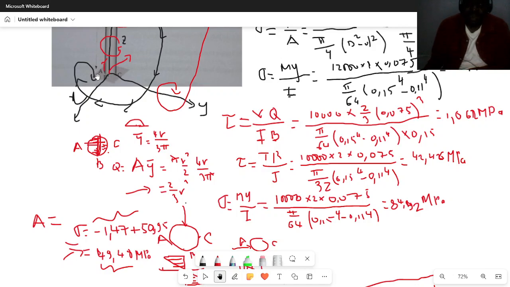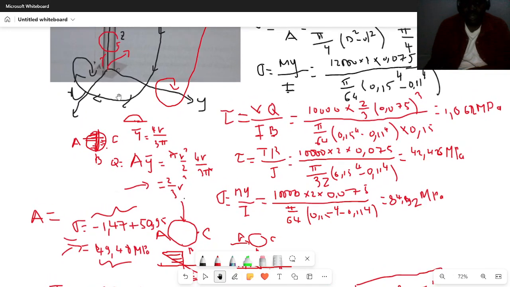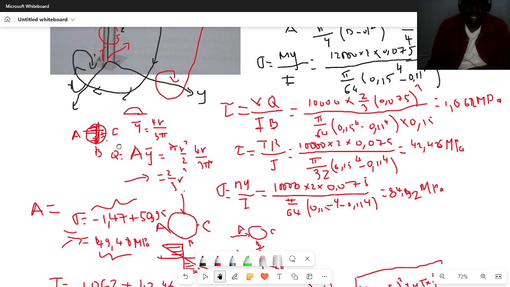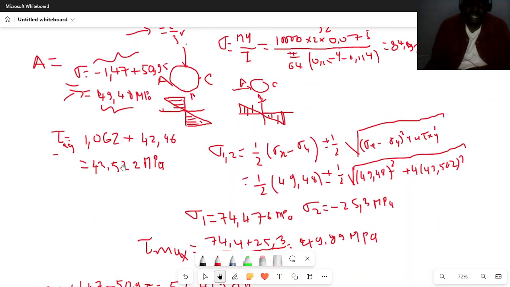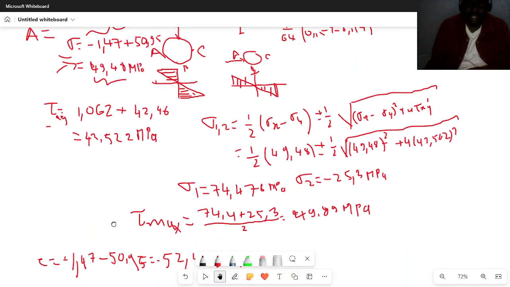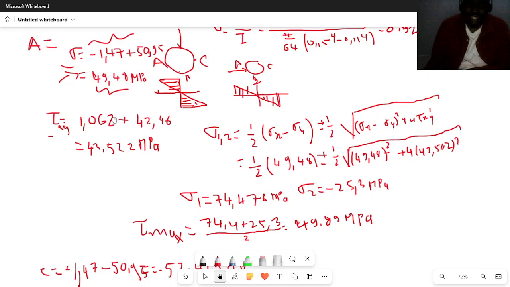That's the reason I'm doing A and C. So the effect A will experience, C will experience with opposite sign. That's the reason under this shear here, this one is negative.